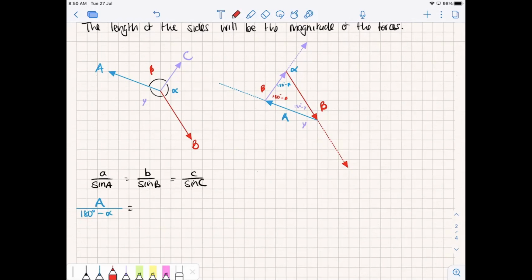Side length B, which we can just use as force vector B, and we have 180 degrees minus beta.